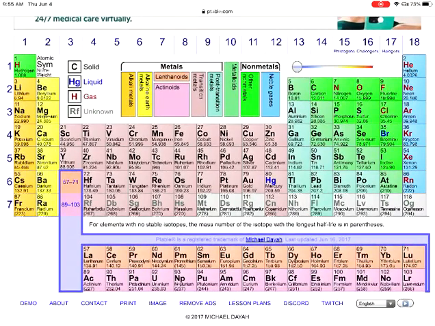So let's look in those 2 rows at the very bottom. So kind of looking across the first row, number 62. So in that lanthanide row, samarium has the symbol Sm, and its atomic number is 62. Okay. Now what about neodymium?